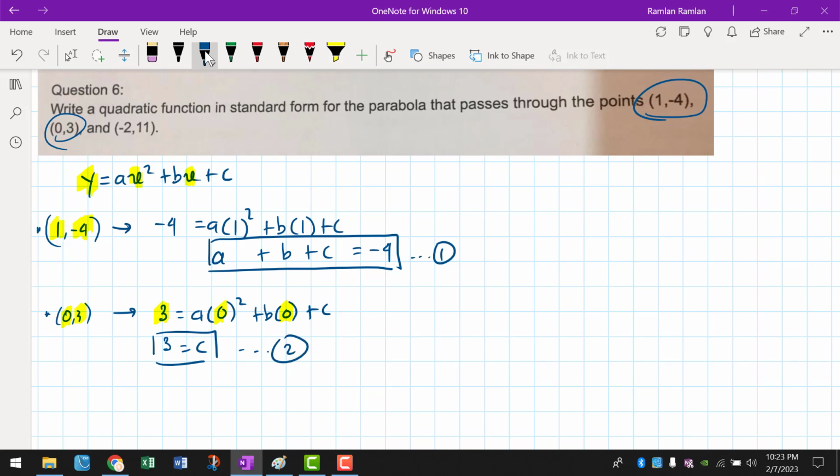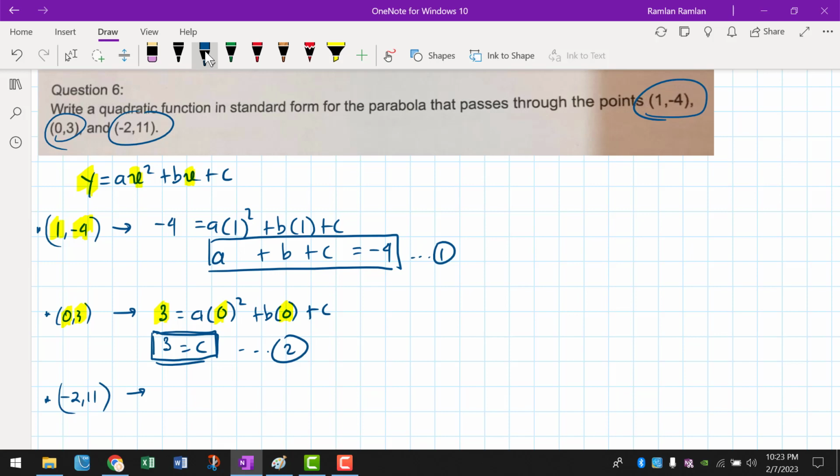Now we can go to the next point, which is negative 2 comma 11. I'm gonna plug in the negative 2 comma 11, but this time, since I know that the value of c is 3, I'm also going to plug in c as 3. But if you don't have it yet, don't plug it in, just plug in the value of x and y.